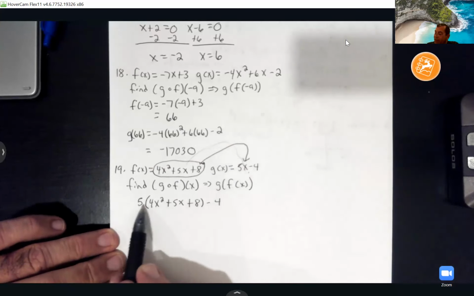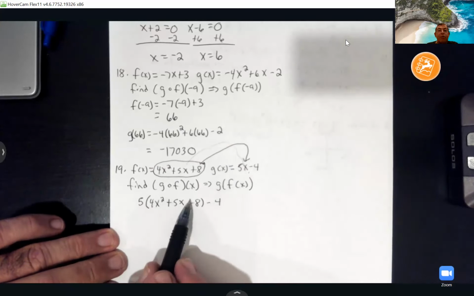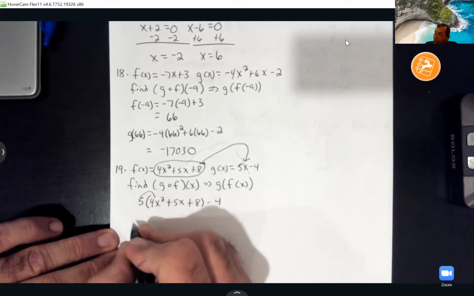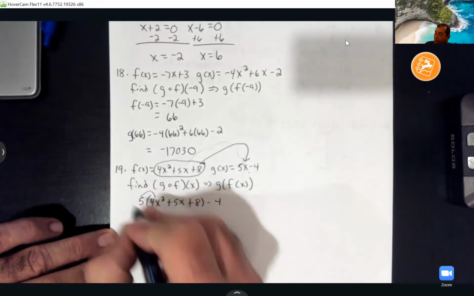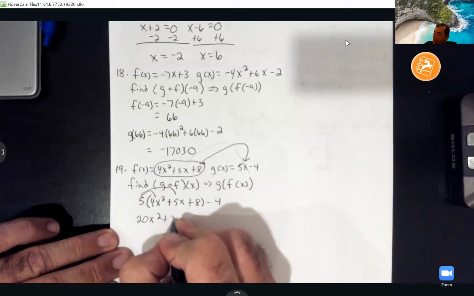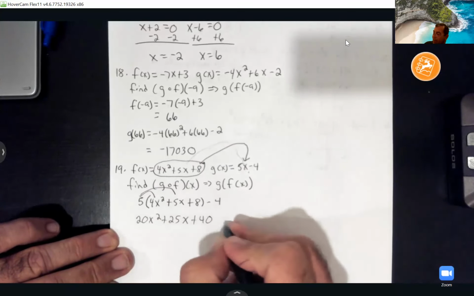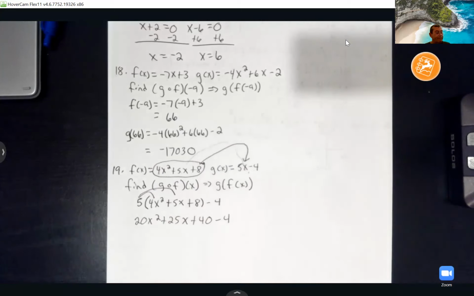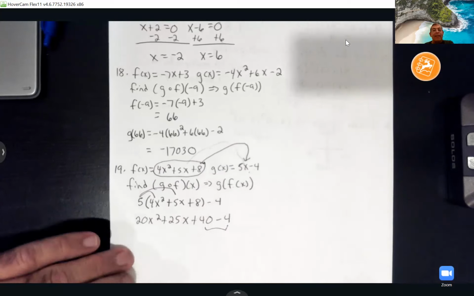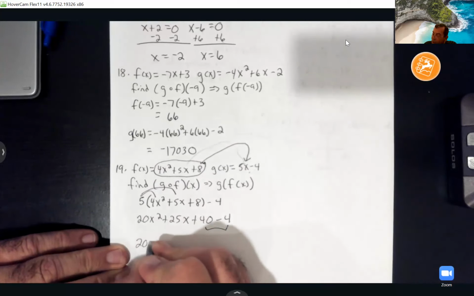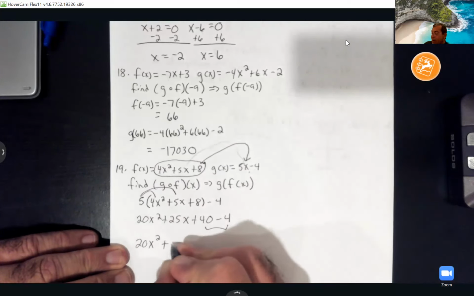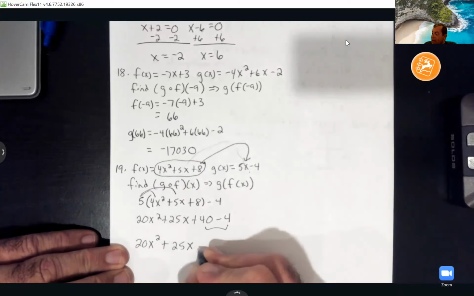All right, now to finish this, I'm going to distribute my 5 through the parentheses. So I get 20x squared, 25x, plus 40, minus that 4. Well, y'all, the only thing I can do to that is add those like terms at the end. So I get 20x squared plus 25x.